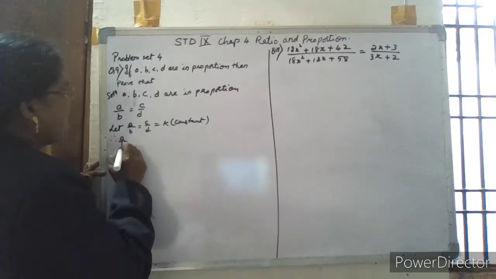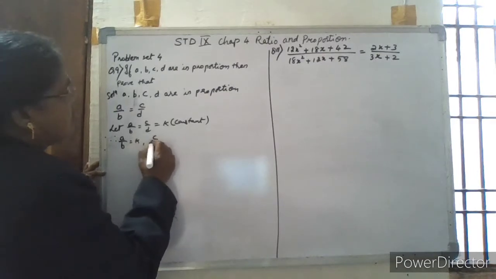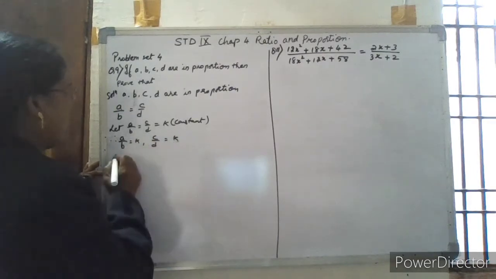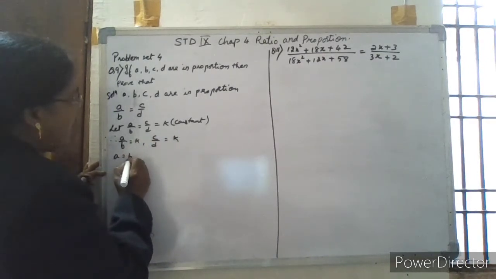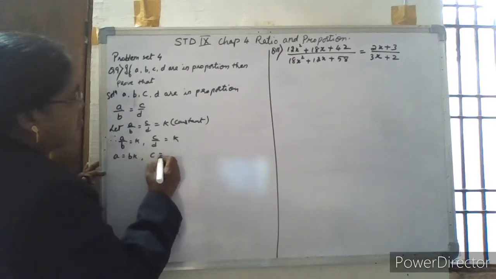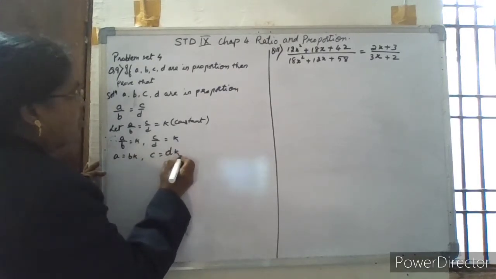Therefore A by B is equal to K, C by D is also equal to K. So A is equal to BK, and by cross multiplication C is equal to DK.